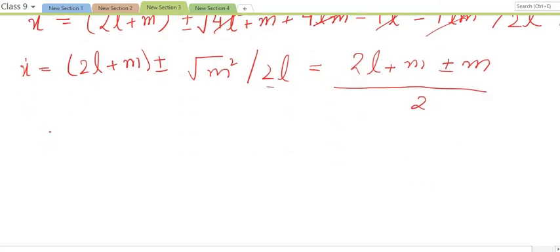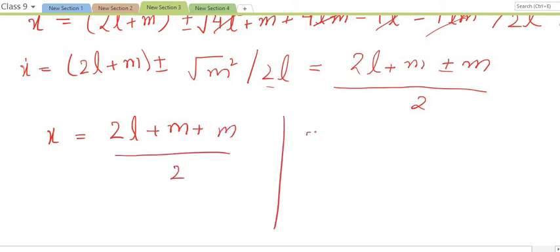Okay, x equals 2l plus m plus m by 2l, and x equals 2l plus m minus m by 2l.